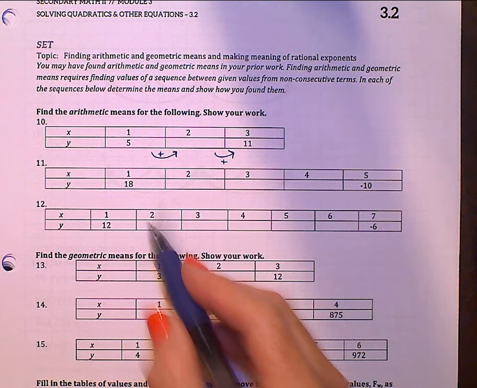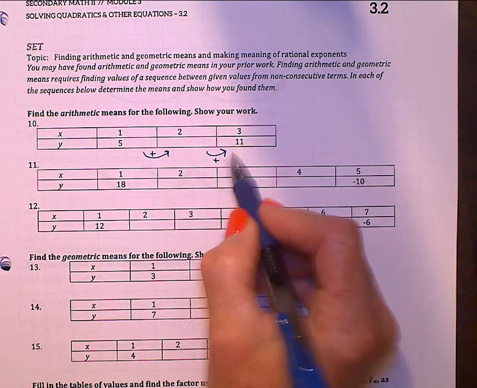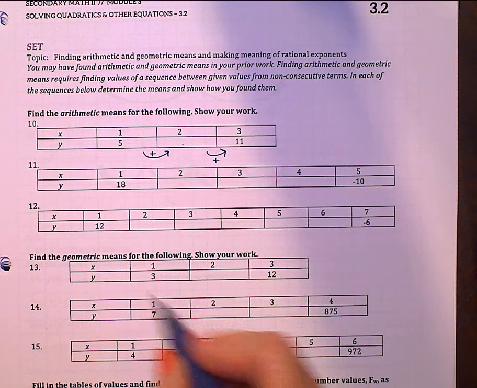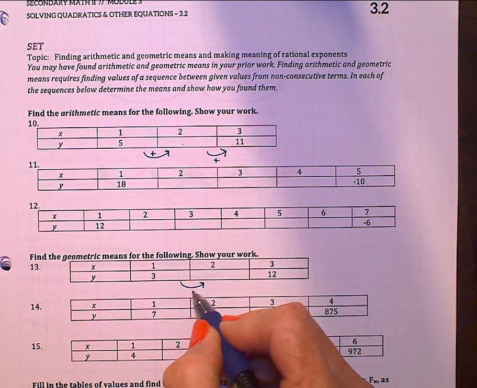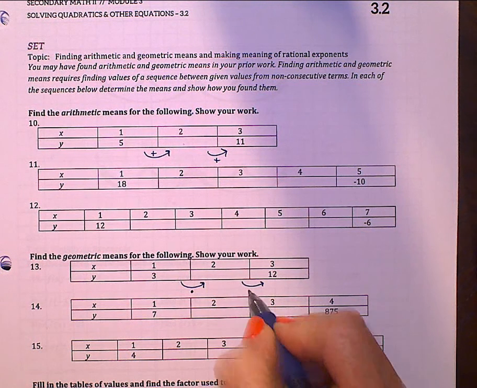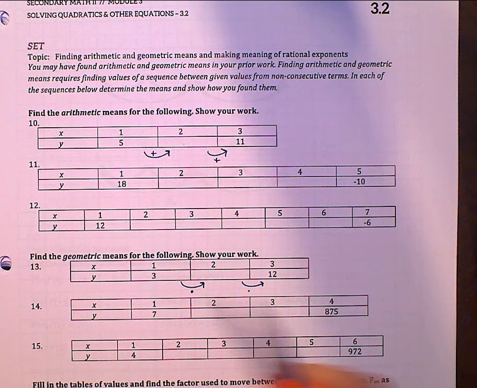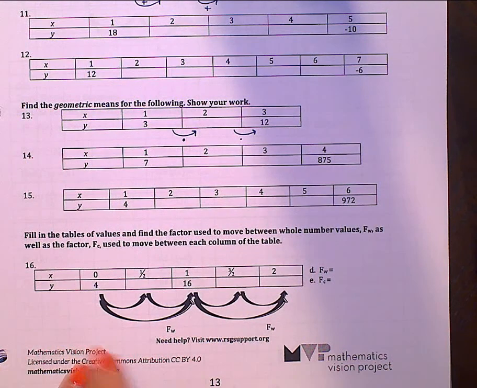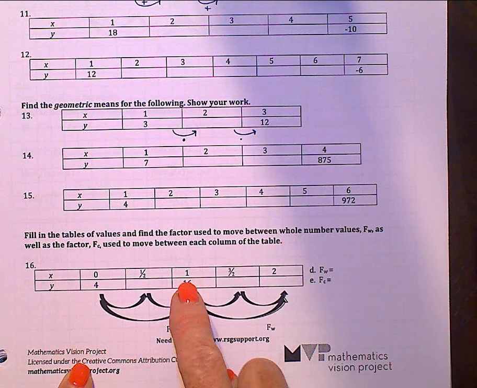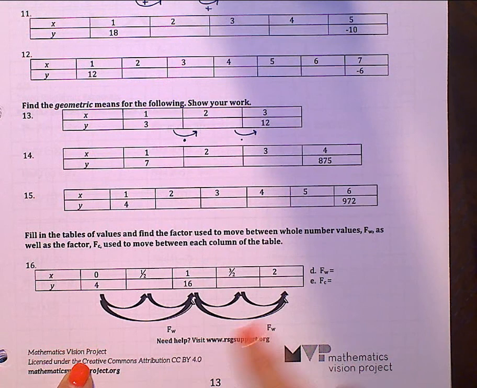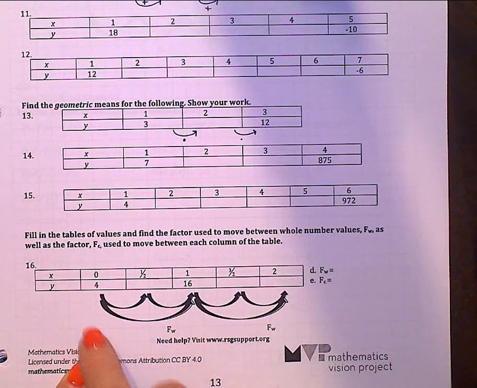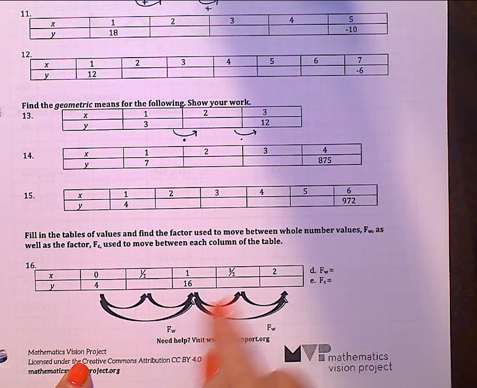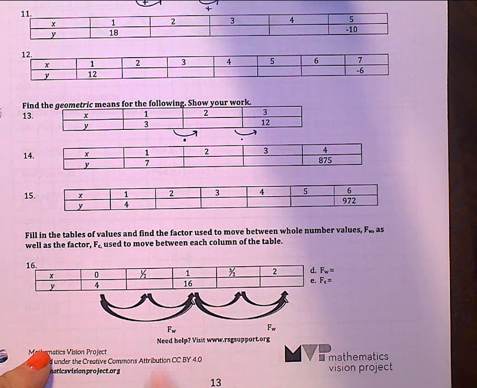Geometric, figure out what you're multiplying by so that you can fill in those boxes. Same idea happens down here on the bottom. With this big one, you want to go from 4 to 16, and then from 16 to whatever that is. And then you also want to look at the other ones in there, so you can figure out what you're multiplying by if you were going these long ways or these little bitty ones.